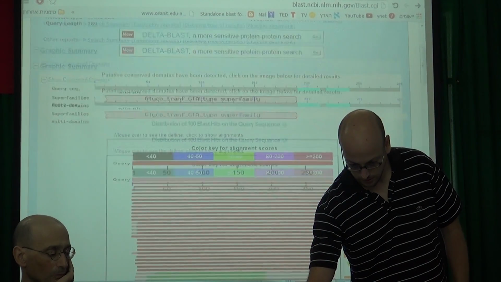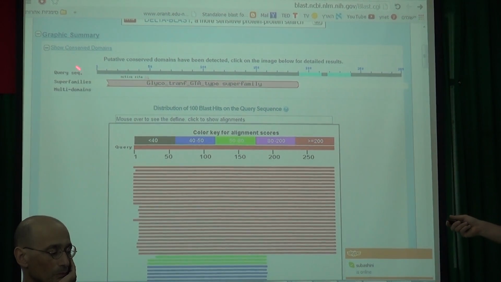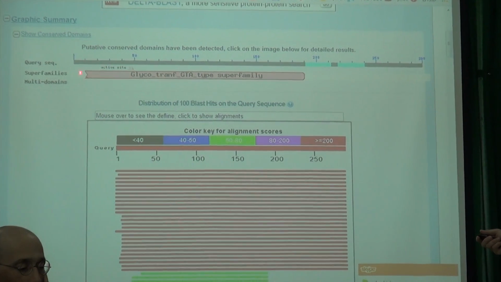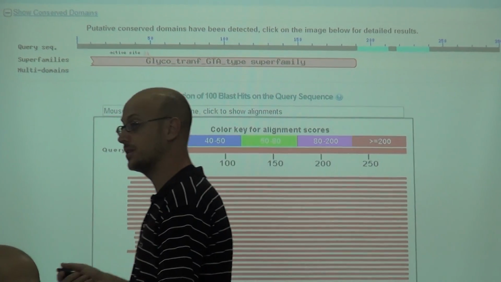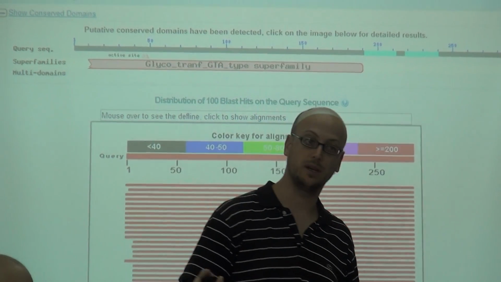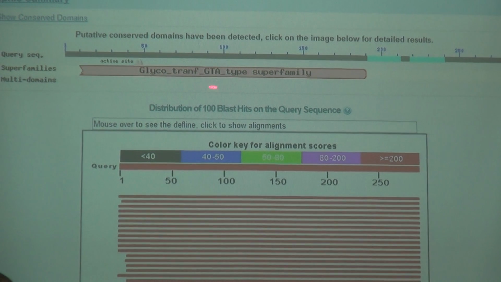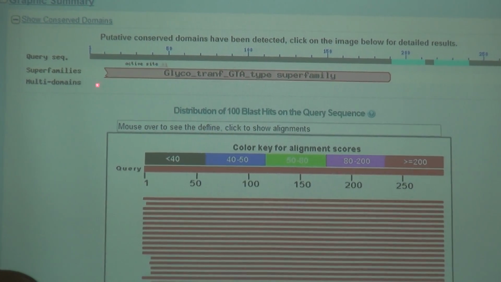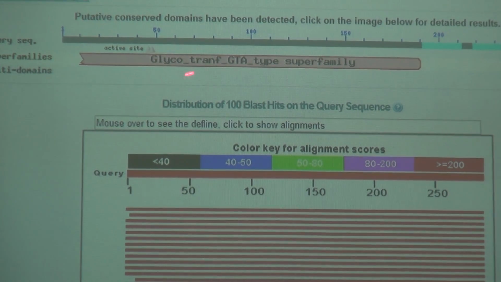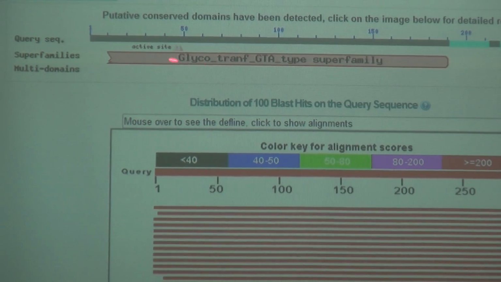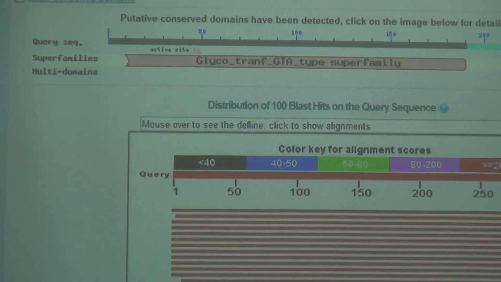And yesterday we discussed this top part. We said that when we blasted our sequence against the domain database, the database of protein domains, we found that our protein had a known domain that looked like the same domain from other sequences, and this domain has a function.